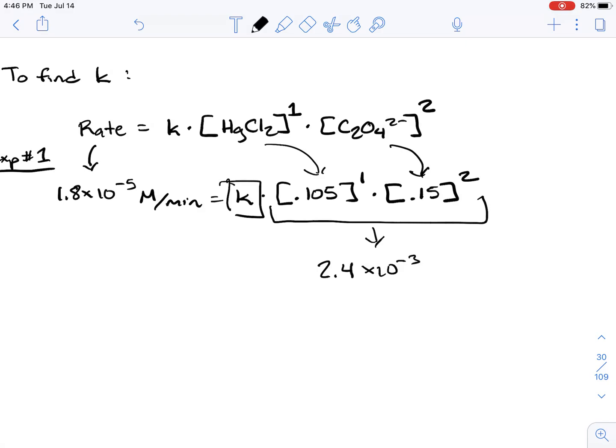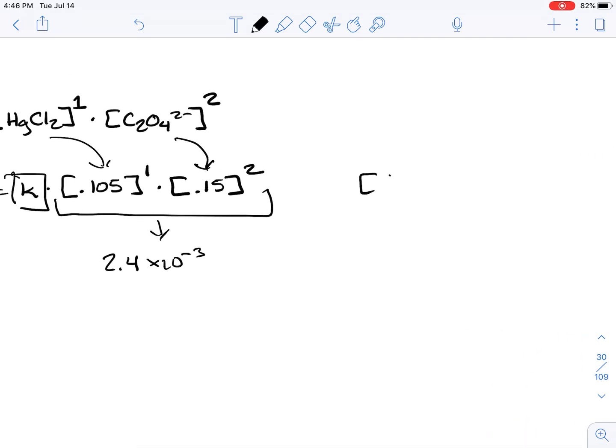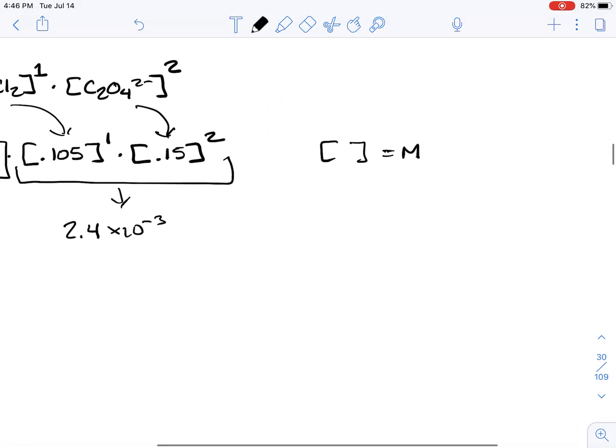Okay. Now in terms of the units, remember that the bracket means molarity, right? So the bracket means concentration or molarity. And so here we have molarity to the first power, and here we have molarity to the second power. Okay. And so maybe I'll go ahead and write that out. So here I have this bracket raised to the first power, meaning that it's molarity to the first power.